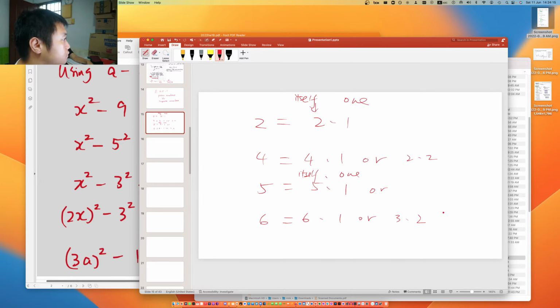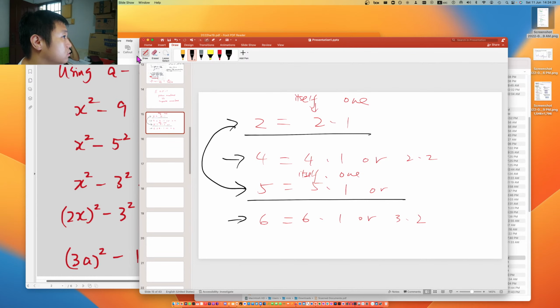So now, I hope you realize 4 and 6 is different from 2 and 5. 2 and 5, you can only split to itself and 1 only. But for 4 and 6, you can split to more than one combination.